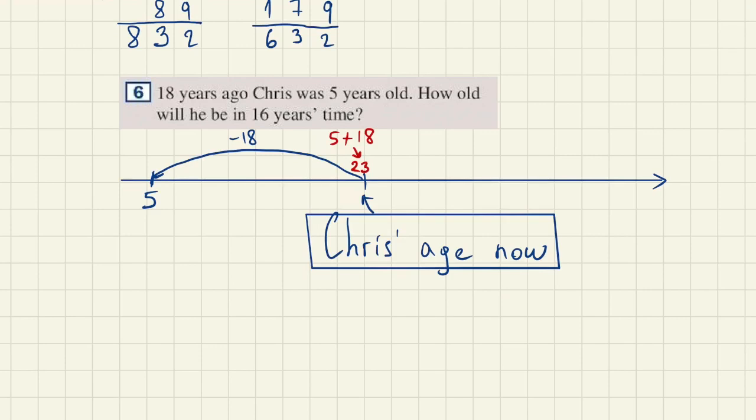So right now we figured out he's 23, and now we have to go into the future. We have to jump into the future 16 years. So we go from 23, we go plus 16. 23 plus 16 is equal to 39. And this is the answer to this question.